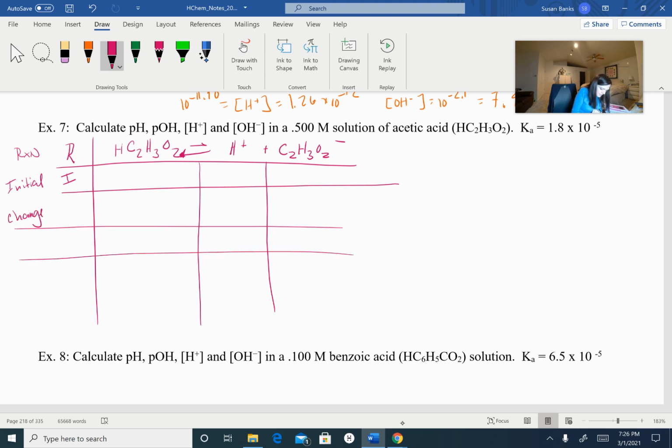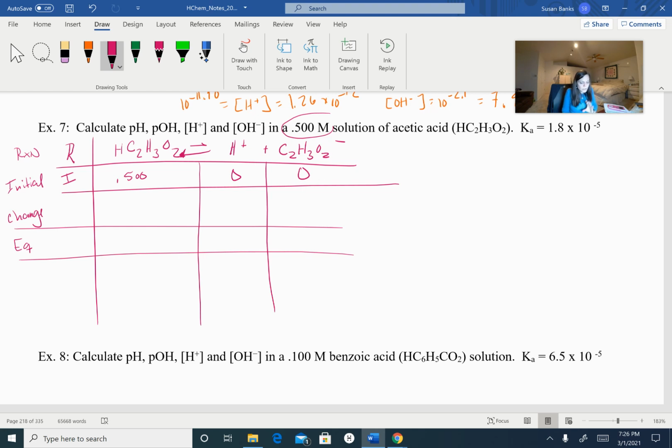And then our last line is going to be our equilibrium or our end concentration. Okay? So for our initial concentration, we're going to pretend that we just have straight acetic acid, and our concentration here is 0.5 molar. We're going to have 0 hydrogen and 0 acetate ion.